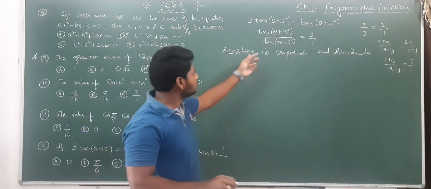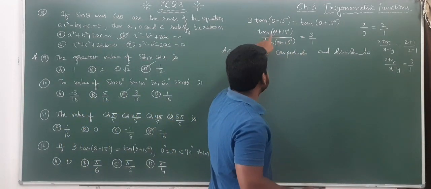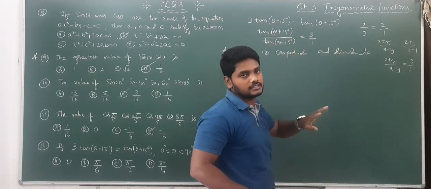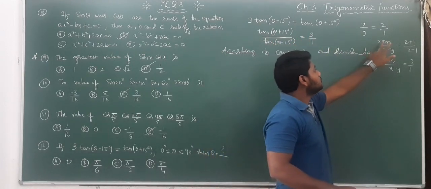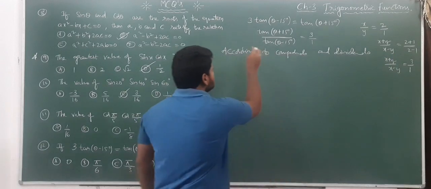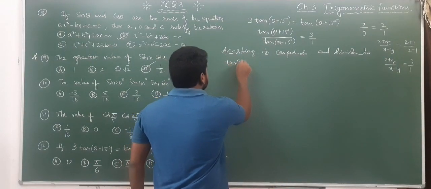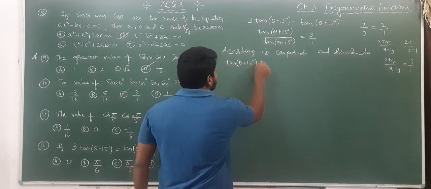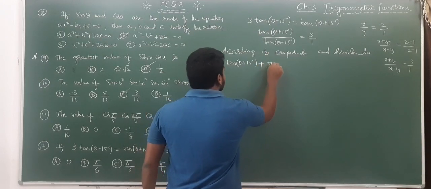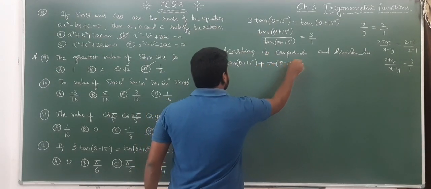So here, according to componendo and dividendo, you consider this as x by y is equal to 2 by 1, for example. Then how can we write x plus y by x minus y? What is x here? Tan of theta plus 15. And y is tan of theta minus 15.